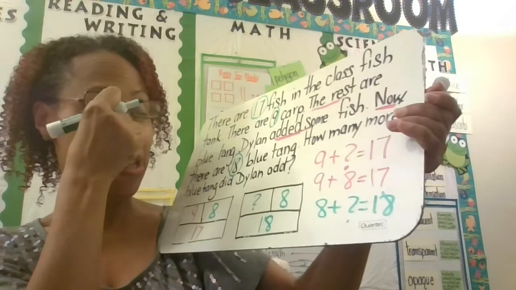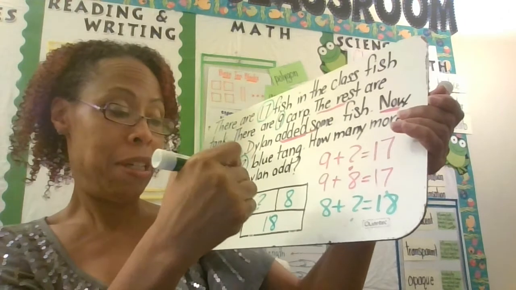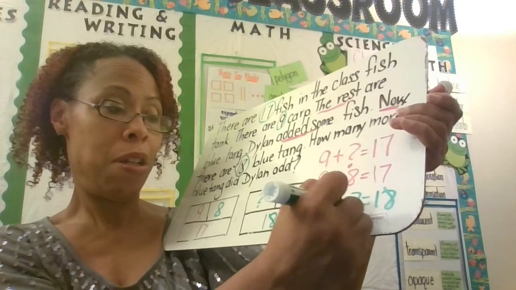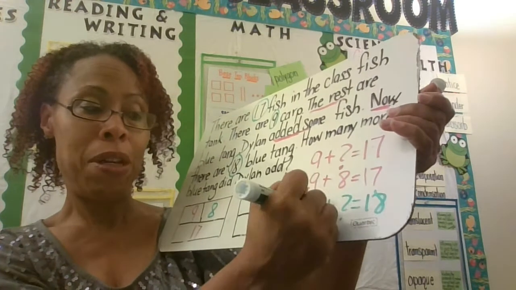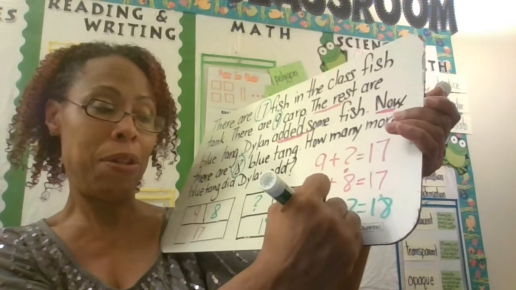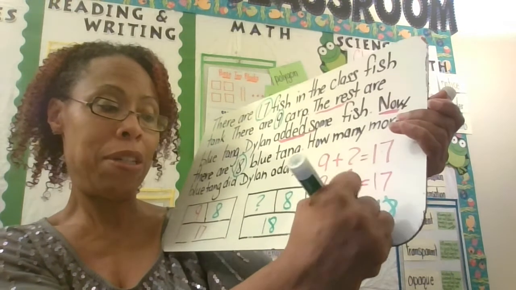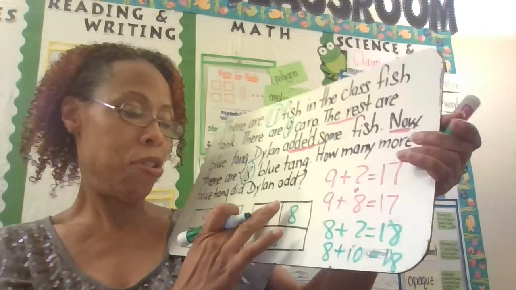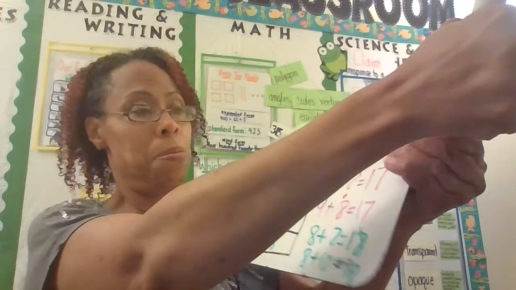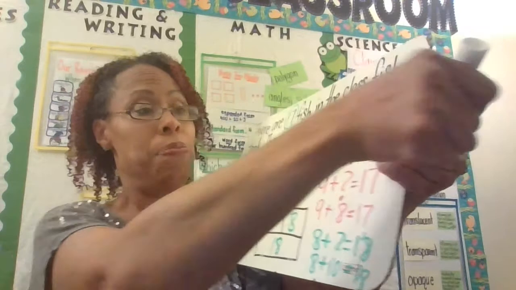Or 18 minus 8 equals what? We see that the number in the ones place stays the same. We're just adding a 10. So in essence, 8 plus 10 equals 18. So now this number, and let's change the color, becomes 10.